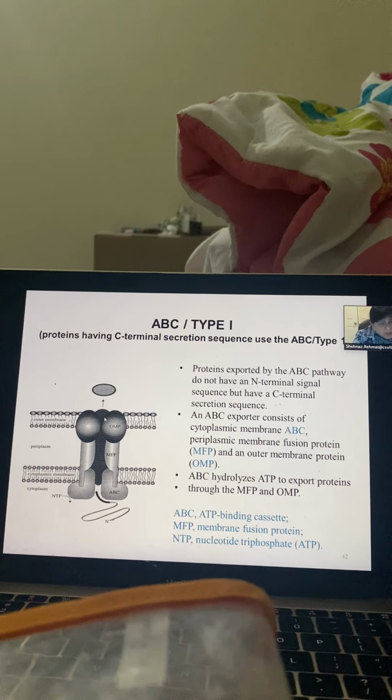And in the outer membrane protein, they will go across that. The channel is formed through and through. And actually, the C-terminal sequence is there, which will allow the protein to be secreted out. Otherwise, this protein would not be able to be secreted. So going across the outer membrane, in this type 1, you need the C-terminal secretion sequence there.